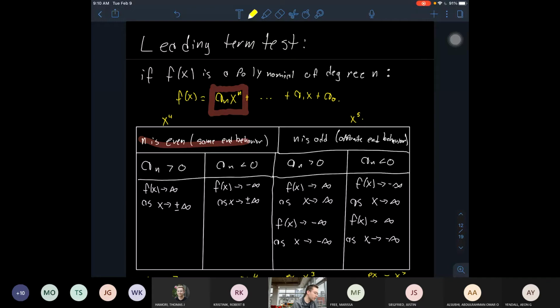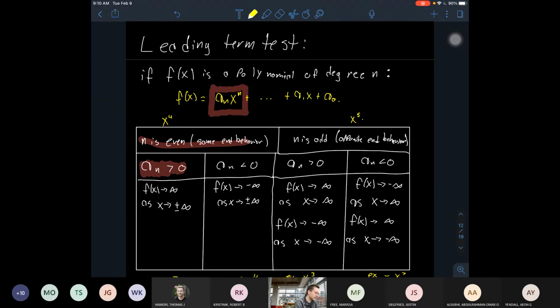So for a polynomial of even degree, if the leading coefficient is positive, then we're going to have f of x going to infinity as x goes to plus or minus infinity. So we have same end behavior, and they're both going to positive infinity if a_n is positive. And if a_n is negative, then both ends go to negative infinity.